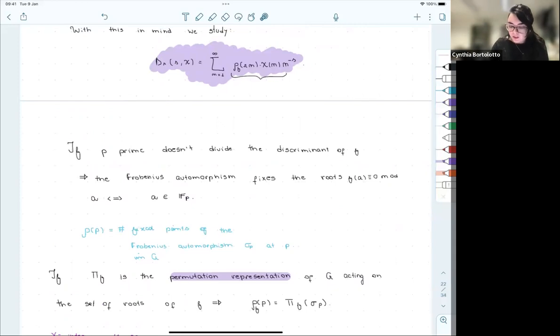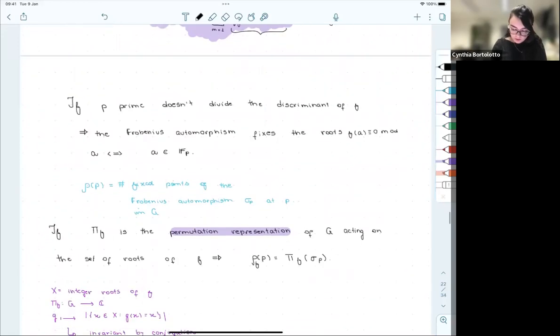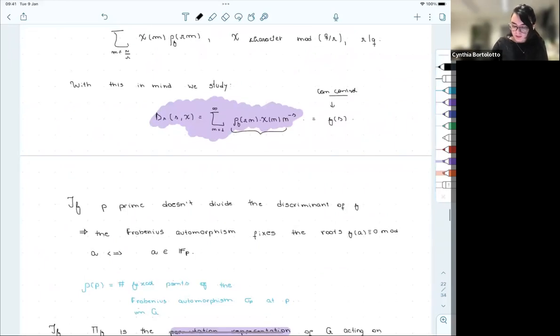So we can write this as some other function here, F of s, which we can control. And using this fact here, we can write this as a product of some powers of Dirichlet Artin L-functions, sorry, to some powers.